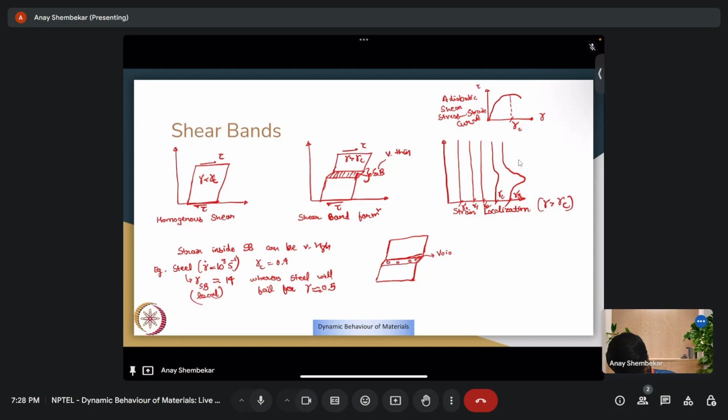You have void formation and later coalescence inside the shear band, and your void diameter we can think of as approximately equal to the shear band thickness. And why the voids? These voids are produced by tension.